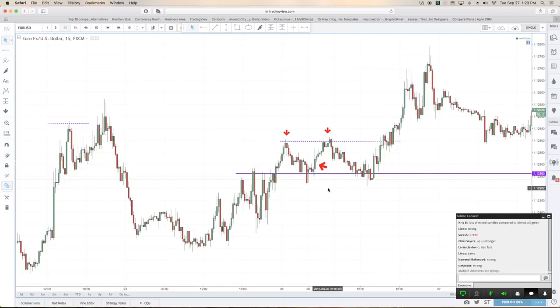But now answer this question. If it's also strong, why did it not break this resistance? That means someone up there is knocking it down. Not enough force. Exactly, there are still sellers up there, still waiting to hit the market back down.